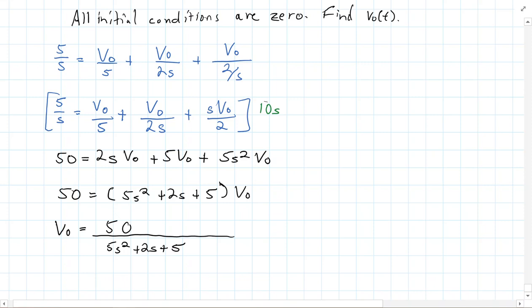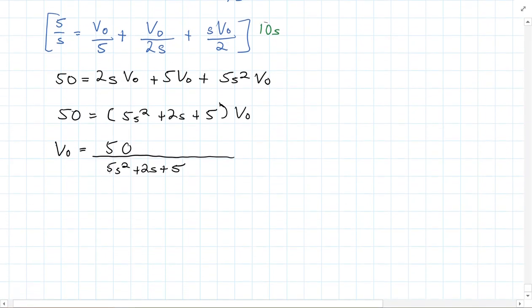Now, what I'm going to do here is actually rewrite this a little bit. You might find it a little odd the way I'm going to rewrite it, but I don't like having this 5 in front of the s squared, because if I'm factoring, I like to have that just not there. So I'm going to factor out that 5. And so I'm going to have a 50 over 5, and then it would be s squared plus 2 over 5 s plus 1.